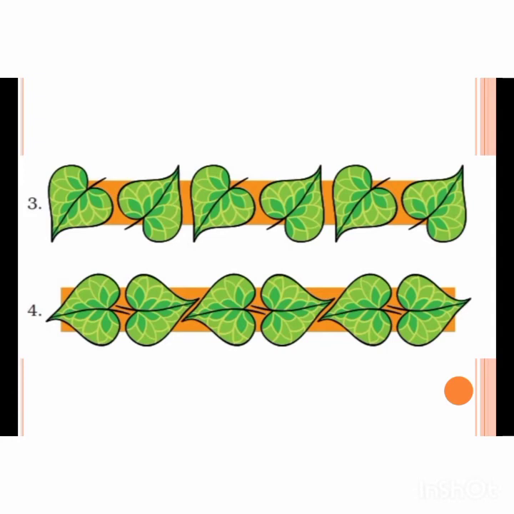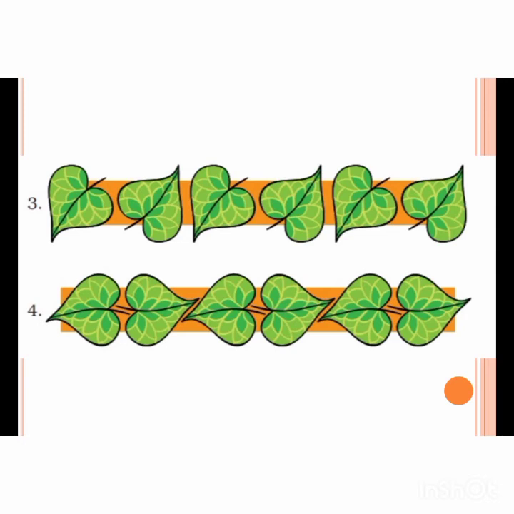Now the last example. You tell me which kind of pattern is shown in the last example. Yes, in the last one, all the leaves are in sleeping mode. The first one is in sleeping mode in the left direction. And the second one is in sleeping mode in the right direction.